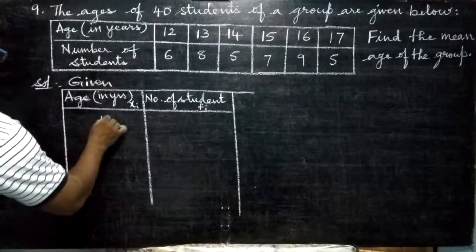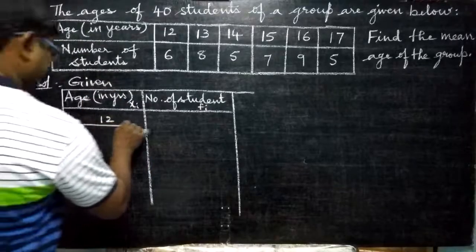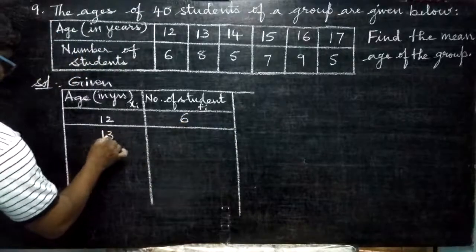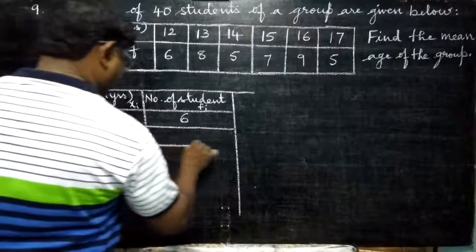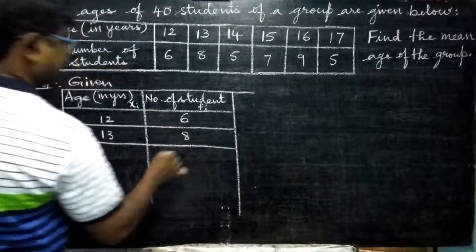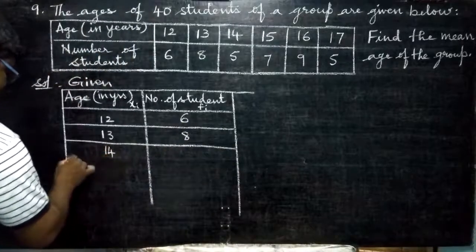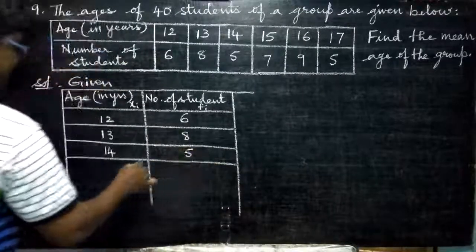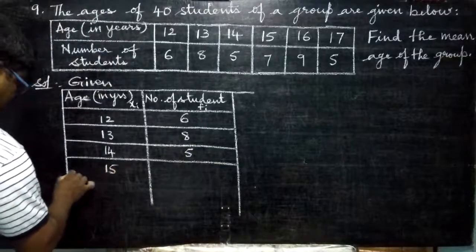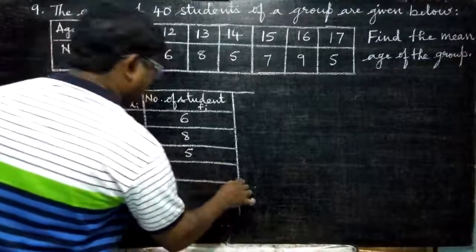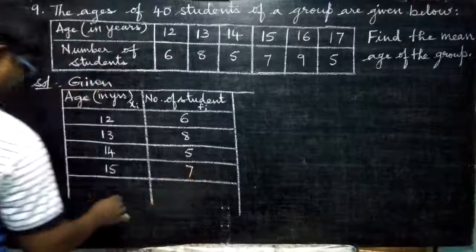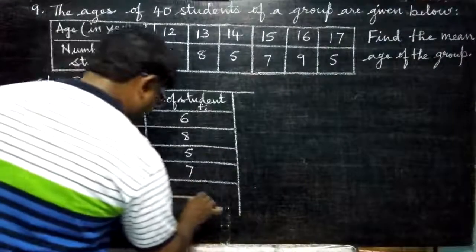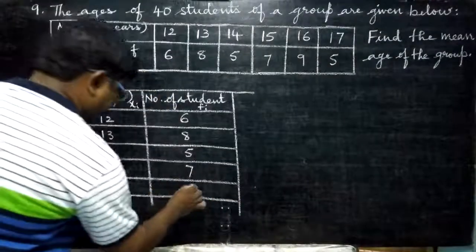Now, 12 years, how many are there? 6 are there. 13 years, how many are there? 8 are there. 14 years, how many are there? 5 are there. 15 years, how many are there? 7 are there. 16 years, how many are there? 9 are there.